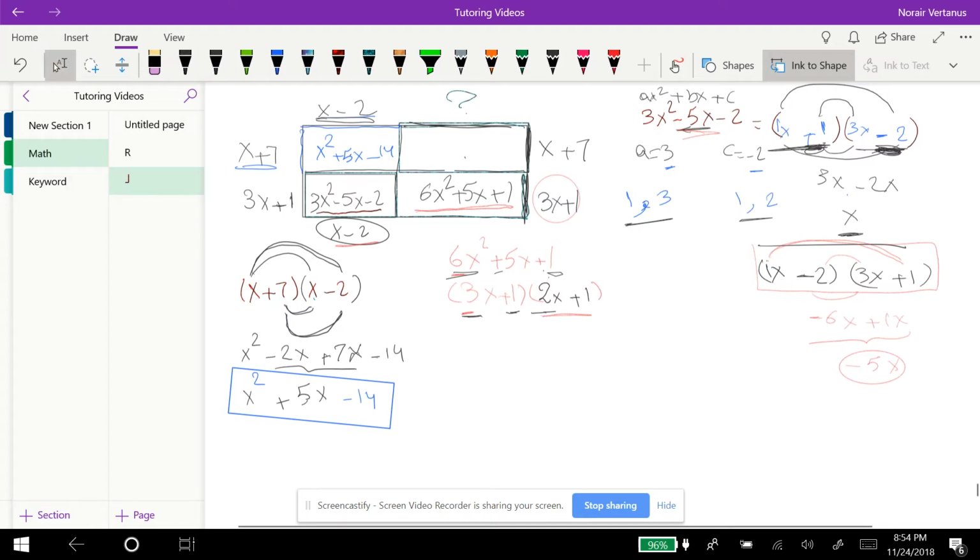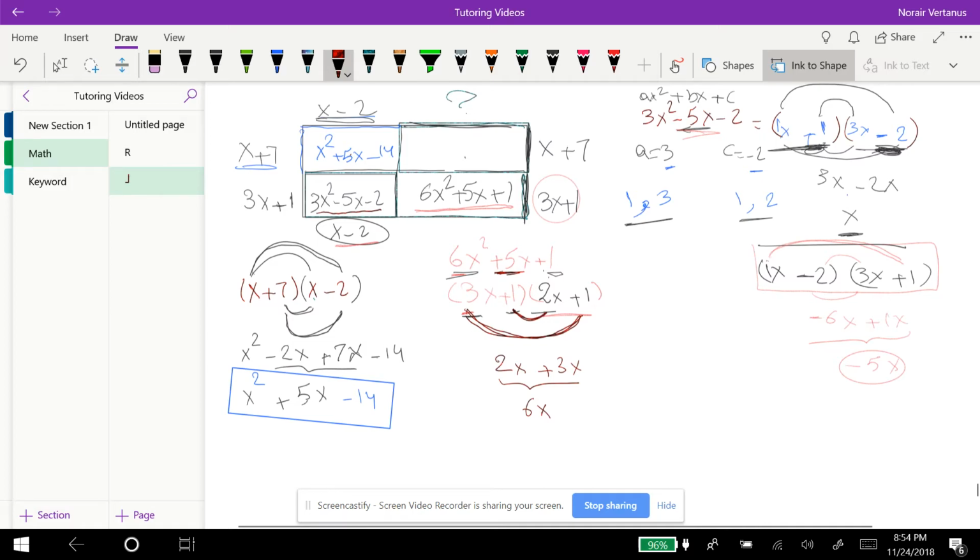Let's see if you multiply the middle terms, these two, and the two farther ones, if we are going to get positive 5x. So let's do that. If I multiply these two together, I'm going to get positive 2x. If I multiply these two together, I'm going to get plus 3x. 2x plus 3x is 6x, right?